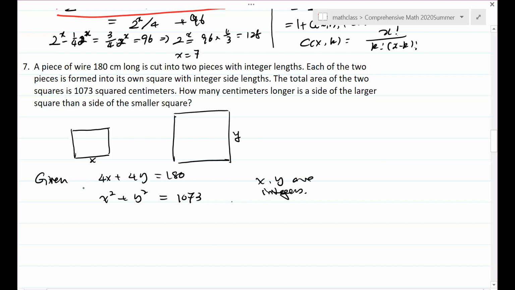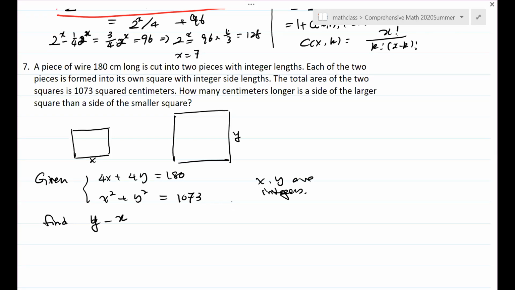So we have two equations and two unknowns, so we should be able to solve it. But we probably don't need to find each of the values. We just need to find the difference, the side of the large square minus the side of the smallest square.